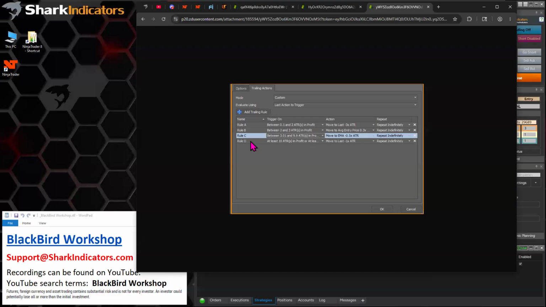In other words, make sure that rule D doesn't execute until A, B, and C execute. With this screenshot that was sent in, we can see it's essentially monitoring different profit levels of the trade.